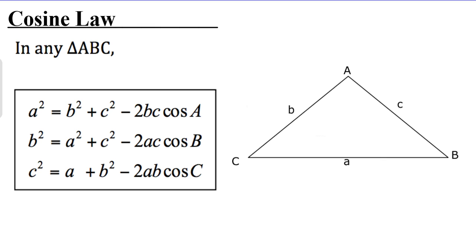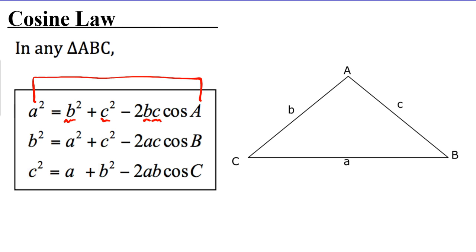I have the cosine law written 3 times here, but really it's only one. There are just some things to be aware of. For any triangle, we can label A, B, and C for our sides with lowercase letters and capital A, B, and C for our angles. To use the cosine law, this angle and this side correspond, and then you've got these other two sides in the triangle.